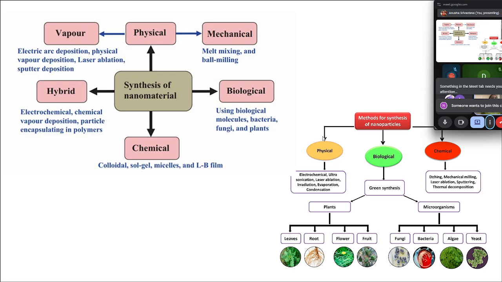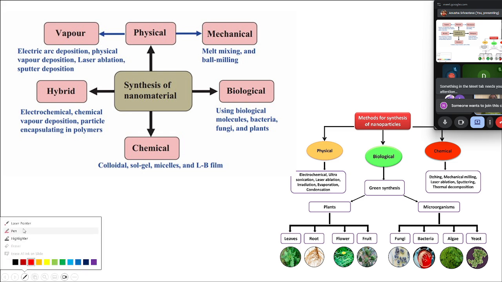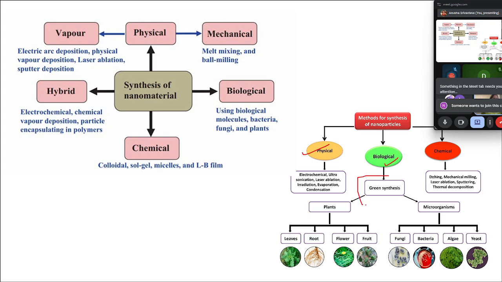Whenever we're talking about physical methods, you use ultrasonication, laser ablation, irradiation, evaporation, condensation. We'll be discussing all of these in detail, including what exactly the mechanism is. Biological means, most of the time, refers to green synthesis.